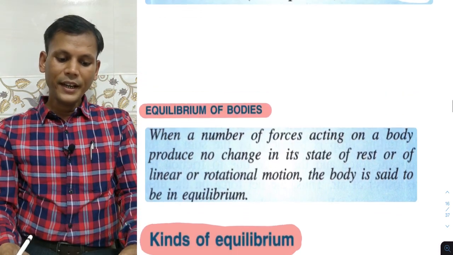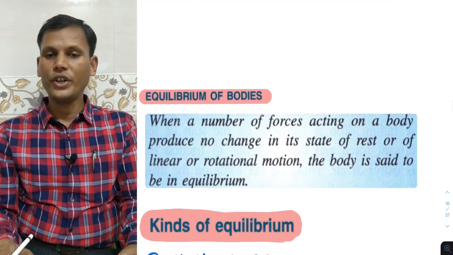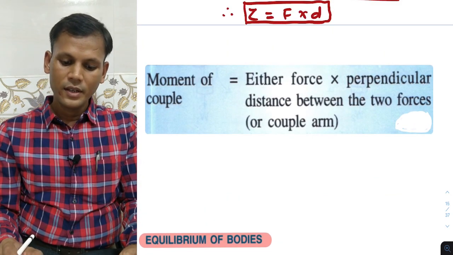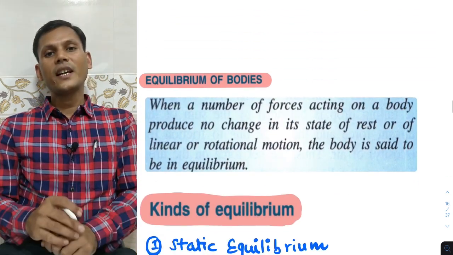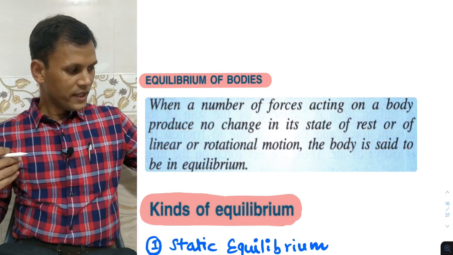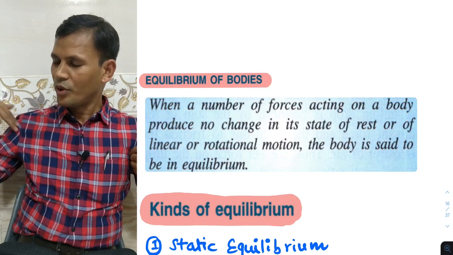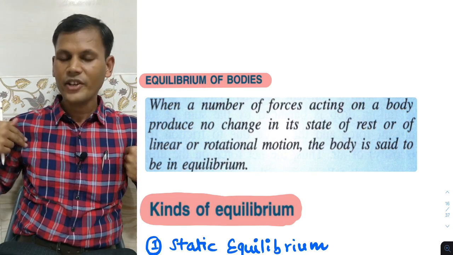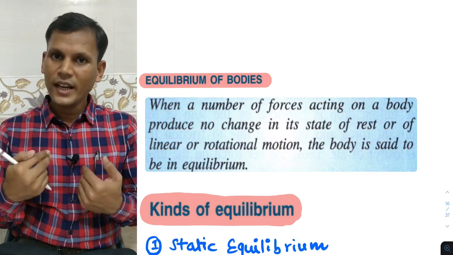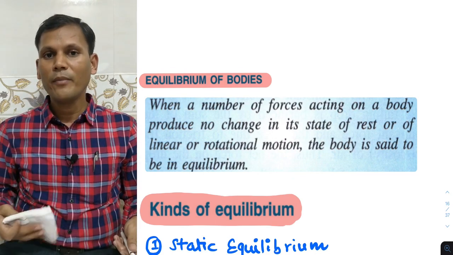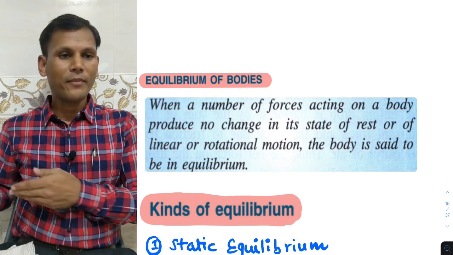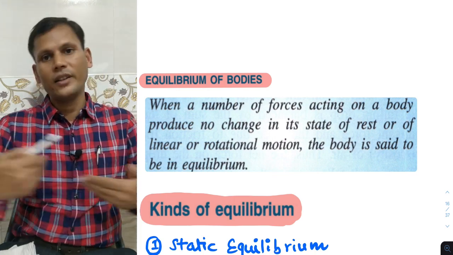Now, equilibrium of bodies. Next term is equilibrium of bodies. When a body is said to be in equilibrium: like I'm here, one force somebody is applying from this direction and the same force another person is applying from the opposite direction, so I will not move anywhere. Then you can say that I am in equilibrium, because I'm not moving in either direction.